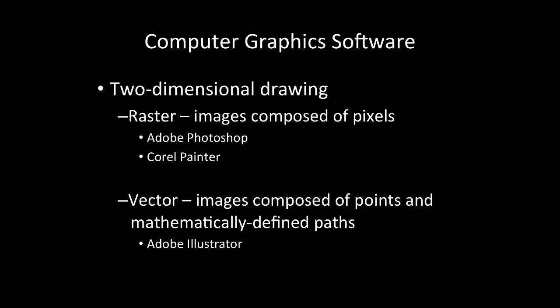Let's start out by talking about what most people would consider the most basic kinds of computer graphics software. This is two-dimensional drawing software. These are programs that are designed to create just static two-dimensional images. So there's no motion, no animation, no interactivity, and the images exist just in 2 dimensions.